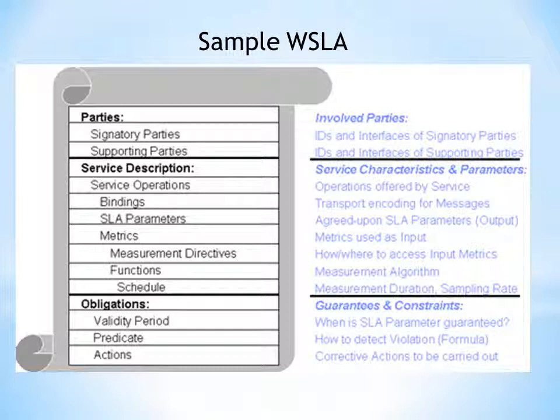And next would be what are the agreed upon SLA parameters? What is the output? Parameters include service availability, service throughput, or service response time. That would all be defined there. Metrics used as input. How would they be measured? Metrics in this case are split into two different types: composite and resource metrics. Composite is as it sounds.